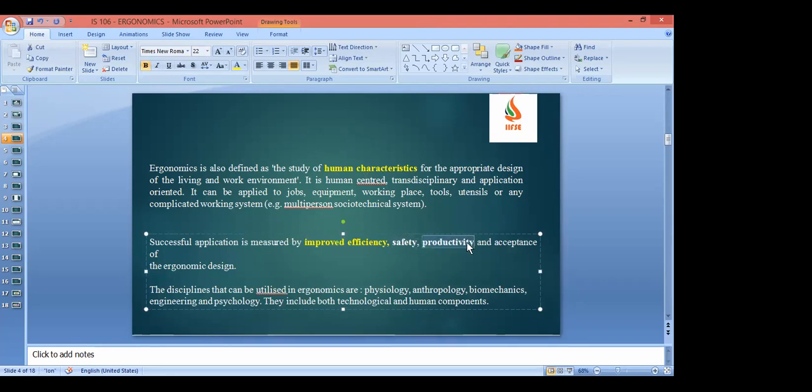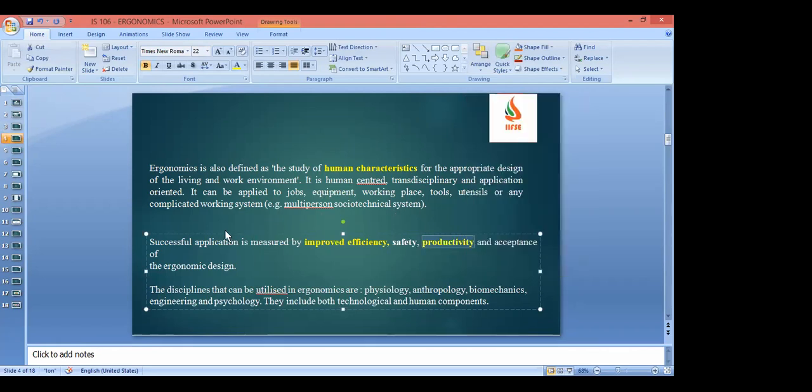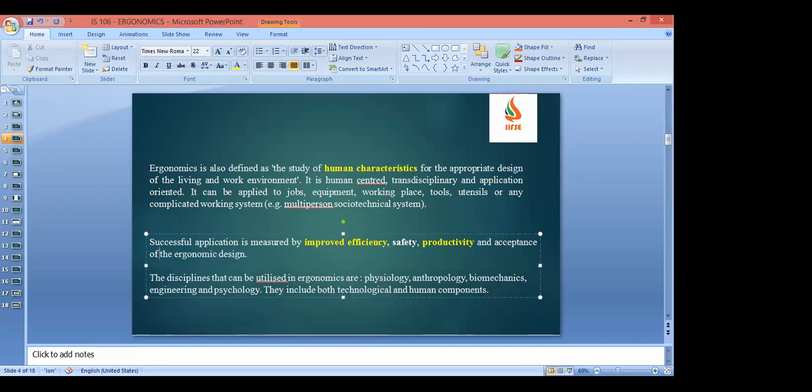Before they were doing 10 products in a day, now they are making 12 or 15 products. And acceptance of ergonomic design. People are accepting it. Then you can say that this application has been improved.